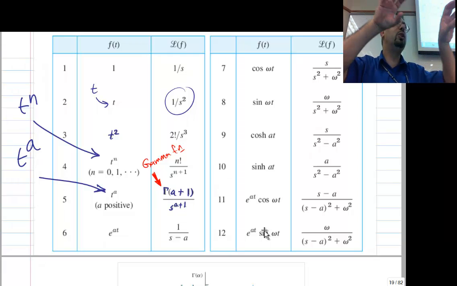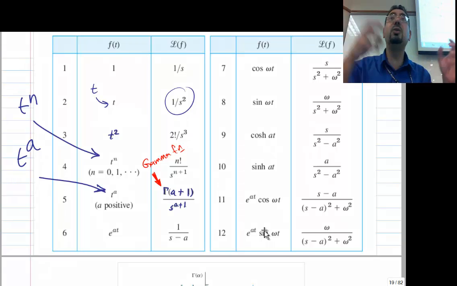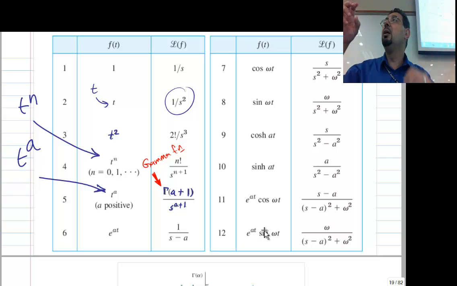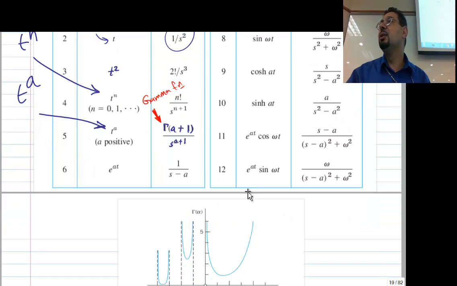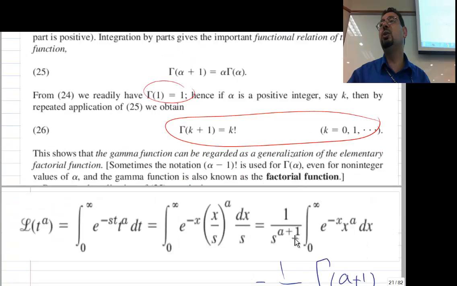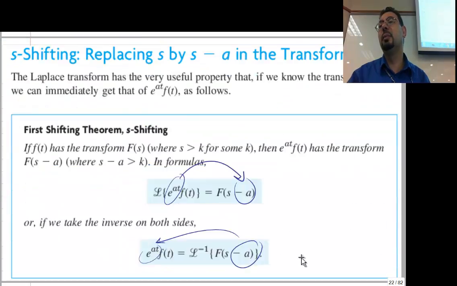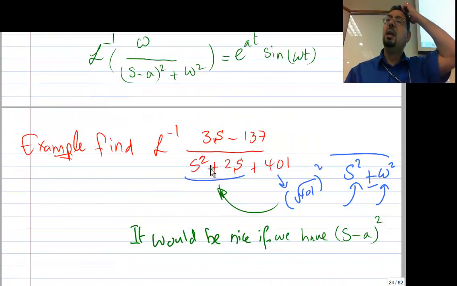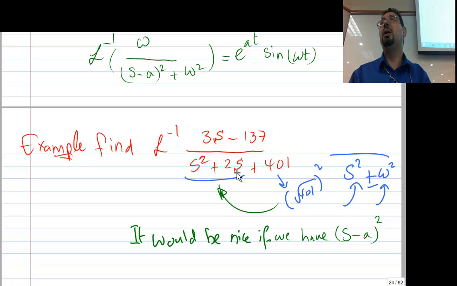You try to look for the wheels and the door, because you know the transformation of the car parts, the wheel by itself, the door by itself, the window by itself. So you have to look at the function and split it into parts that you have the table for. Questions?